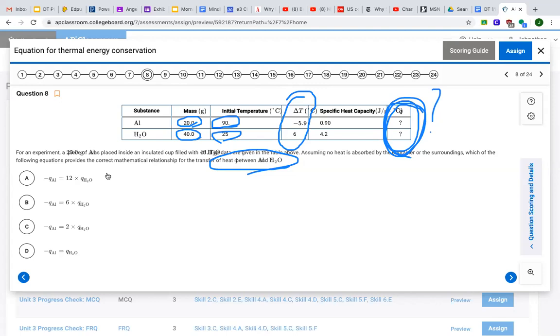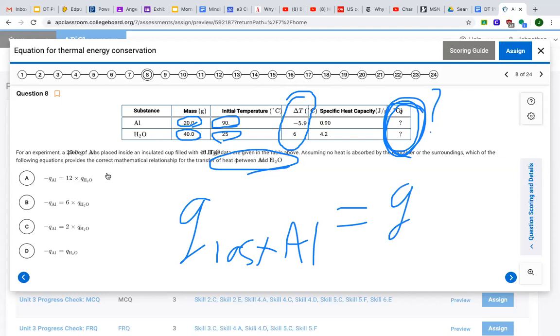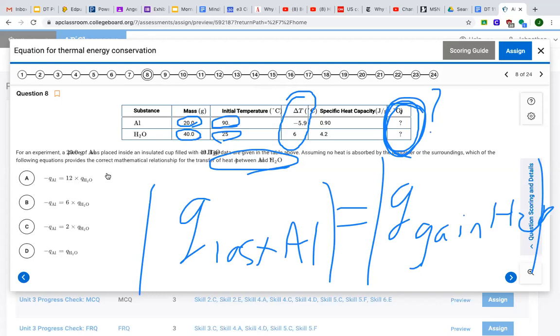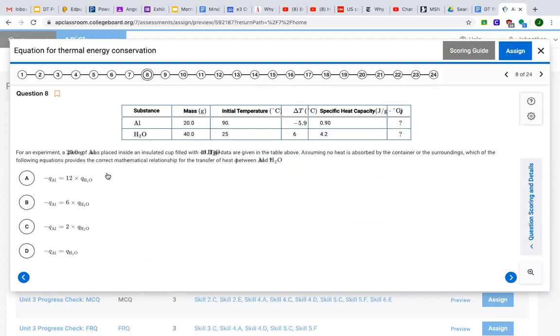Basically, the heat lost, Q lost for aluminum equals Q gain by H2O. Okay, and I'll put absolute value bars around everything for now. And so we've got to figure out the signage. One's got the opposite sign of the other. Aluminum's losing heat, and water is gaining heat.